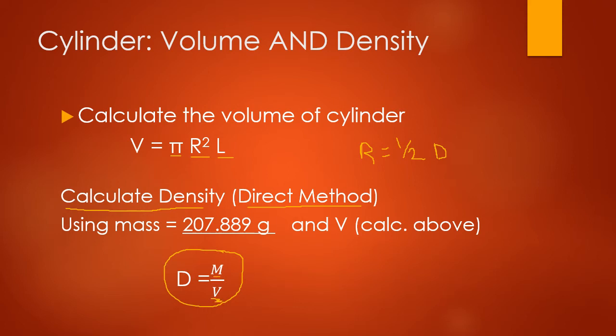But what is the mass? Well, in order to get the mass of the cylinder, you need to put it on a scale, which I did in lab. And when I put it on the scale, I got 207.889 grams. So you'll be using that mass in the numerator and then divide it by whatever you calculated for the volume above. Once again, don't forget your units.